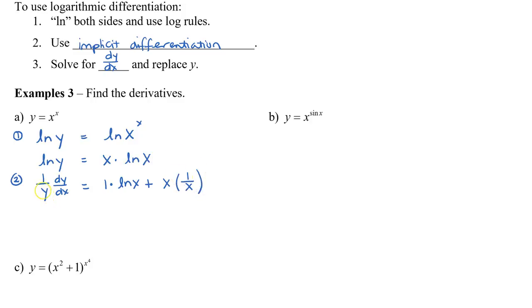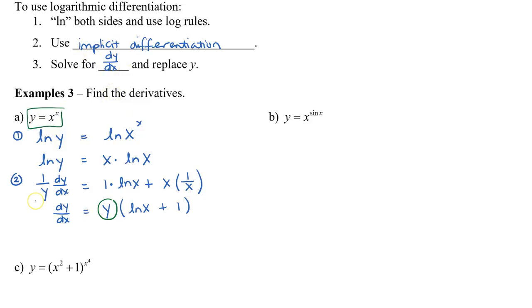Now I'm going to isolate my dy/dx by multiplying both sides by y. So now I have y times ln x plus 1, since x times 1 over x is 1. And now I'm going to replace the y back with y equals x to the power of x.